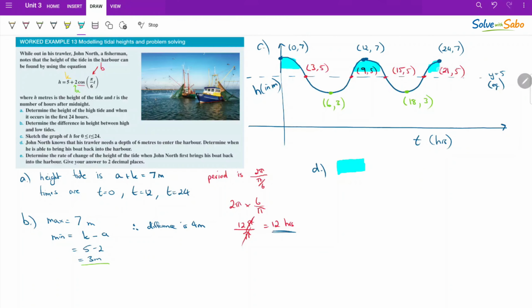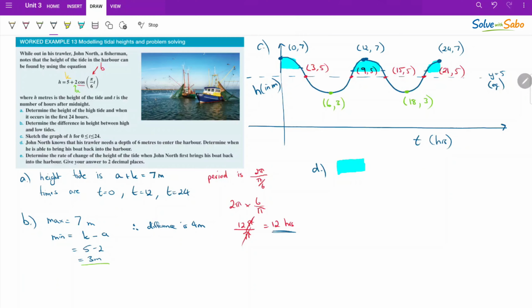That's roughly the zones that he is able to enter. Now what that means is, when is that function equal to 6? So those points where his function is equal to 6 will be here, here, here, here. There's quite a few points.